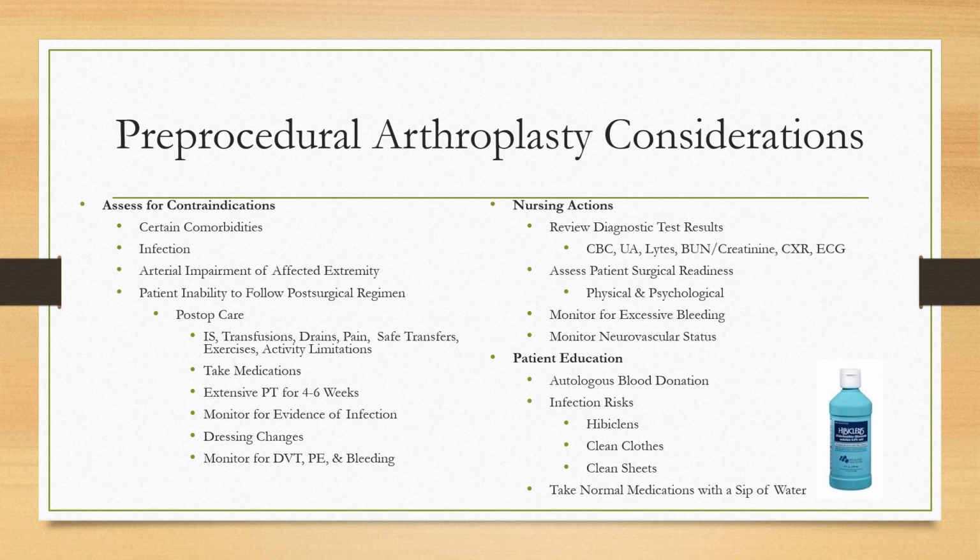So these are all screening tests to make sure they don't have any abnormalities on their chest x-ray or ECG, for example, or that they're not anemic on their CBC. Older patients can sometimes surprise us with an underlying condition that hasn't been diagnosed yet.